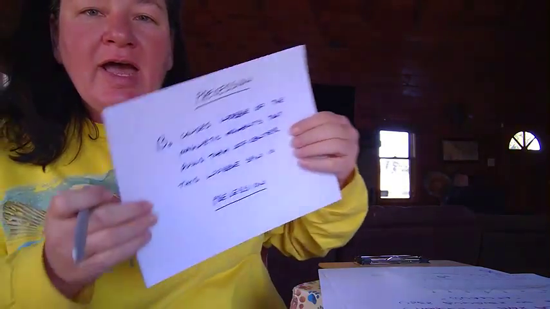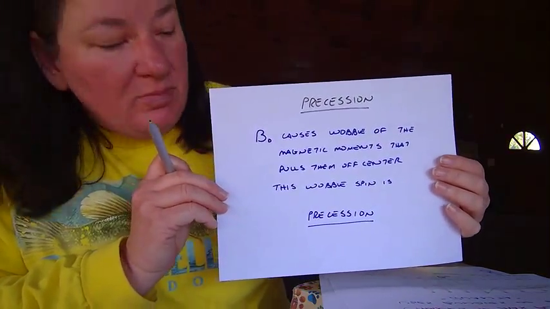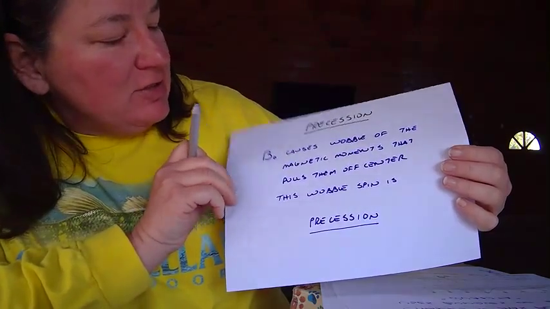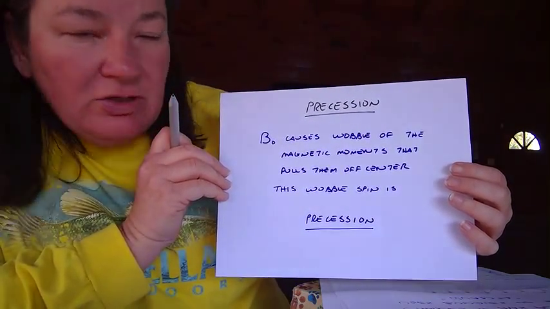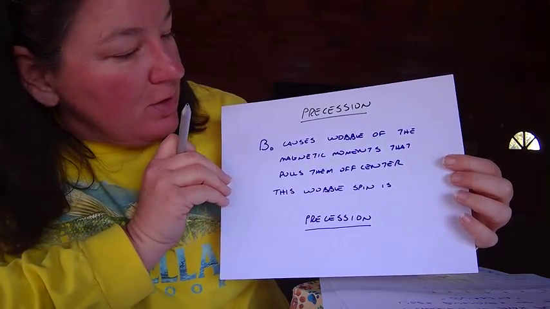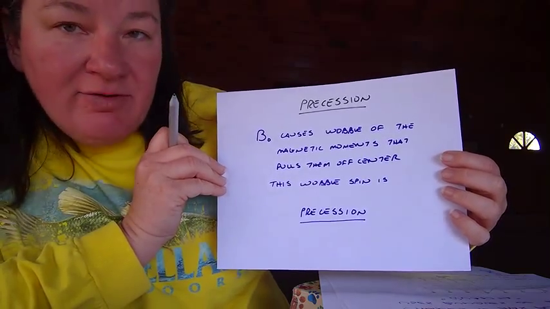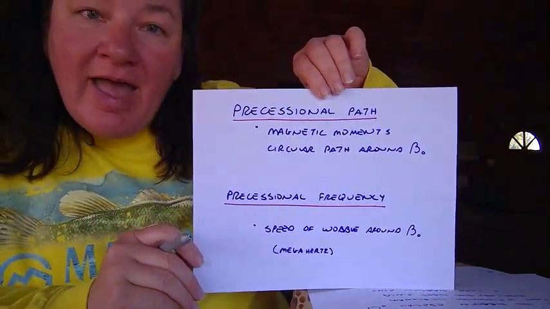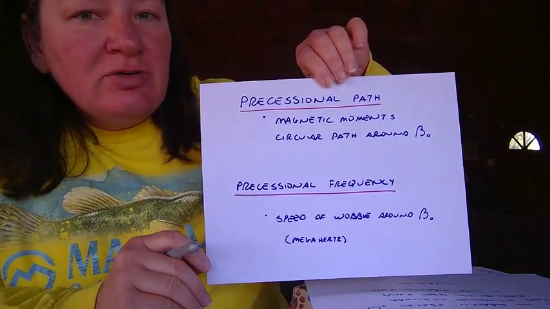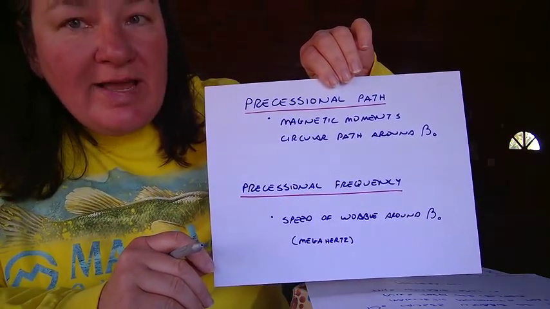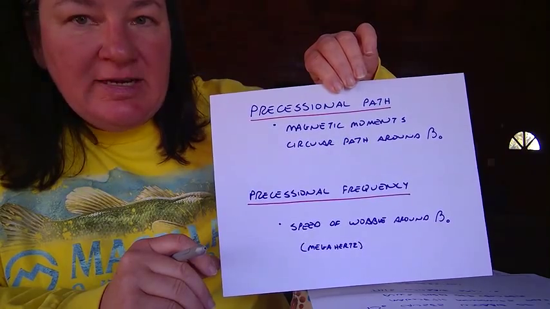When you have a net magnetic vector, you also have precession, because when you add that external magnetic field, you get the wobble. When you have your wobble and your spin, now you have your precessional path and your precessional frequency, which is the rate or speed of those spins.